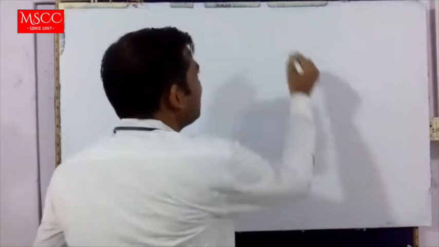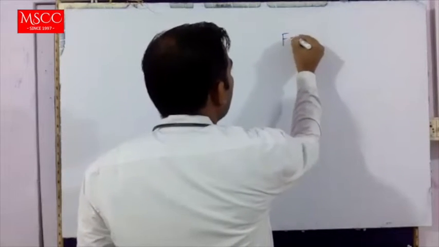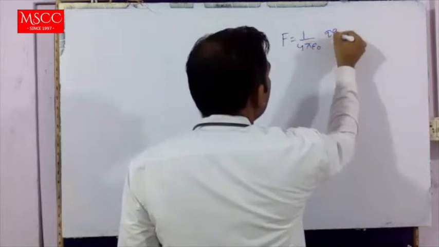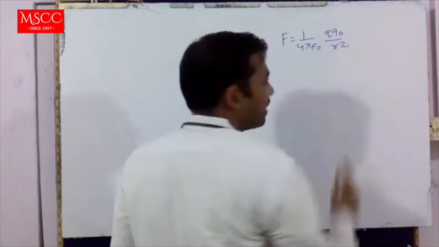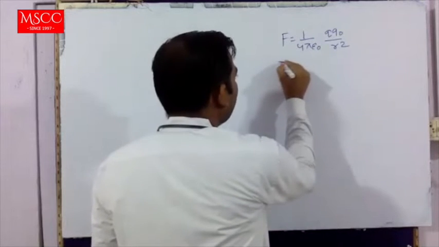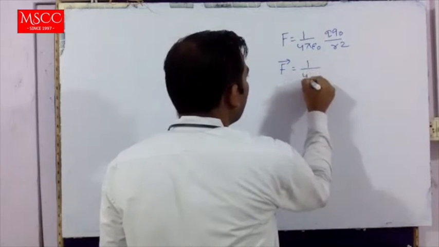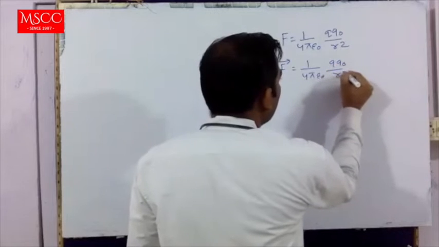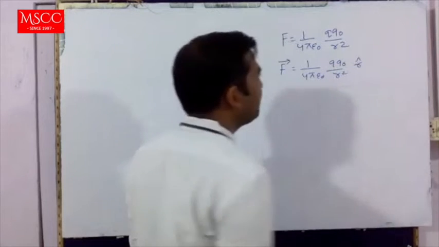According to Coulomb's law, force equals 1 by 4 pi epsilon 0 Q into Q naught by R square. In vector form, F equals 1 by 4 pi epsilon 0 Q into Q naught by R square R cap.